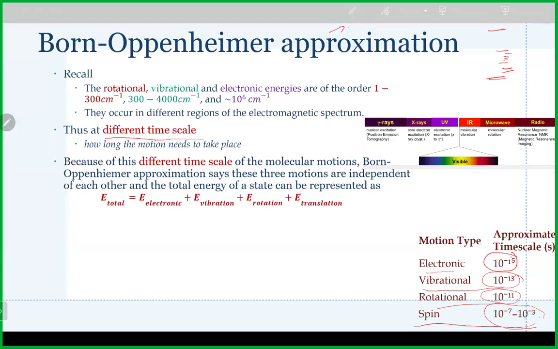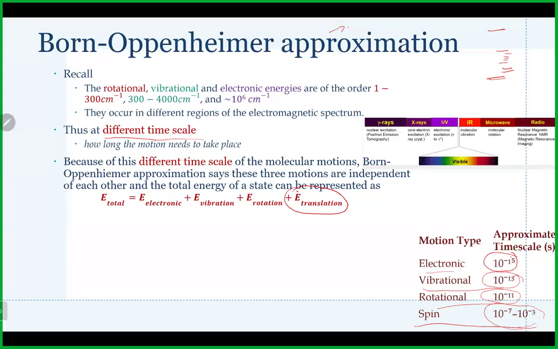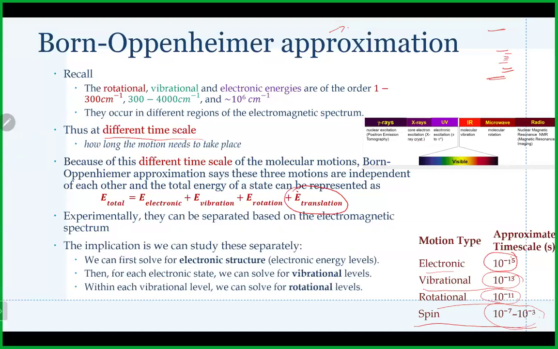The total energy can be represented as that. The implication is we can study each motion separately. First, we can solve for electronic structure, then we can solve for vibrational structure, then we can solve for rotational energy levels. Or we can do it vice versa.